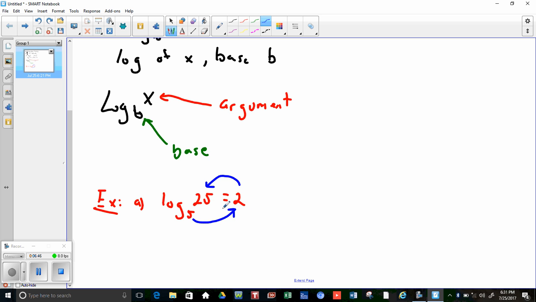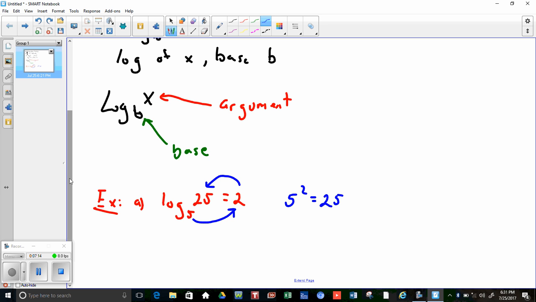So if I wanted to rewrite this as an exponential, it would be 5 squared equals 25. So you'll take the base, raise it to the exponent or the answer, and that will give you the argument every time. So the log base 5, 5 raised to the 2 equals 25. I've just changed this from a log to an exponential.